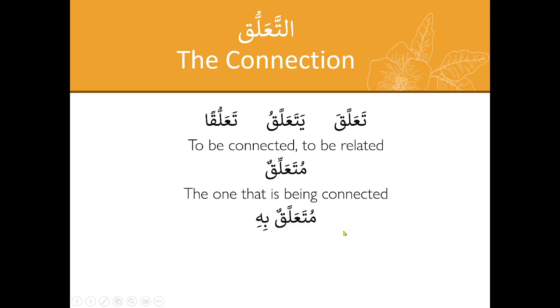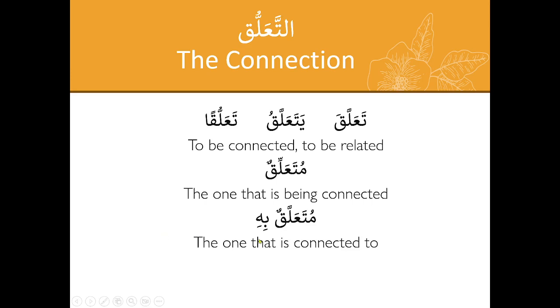So we say Muta'allaqun bihi, the one that the Muta'alliq is connected to. That's why we have bihi. But usually in grammar circles, the bihi is dropped, understood, and we just mention the Muta'allaq.